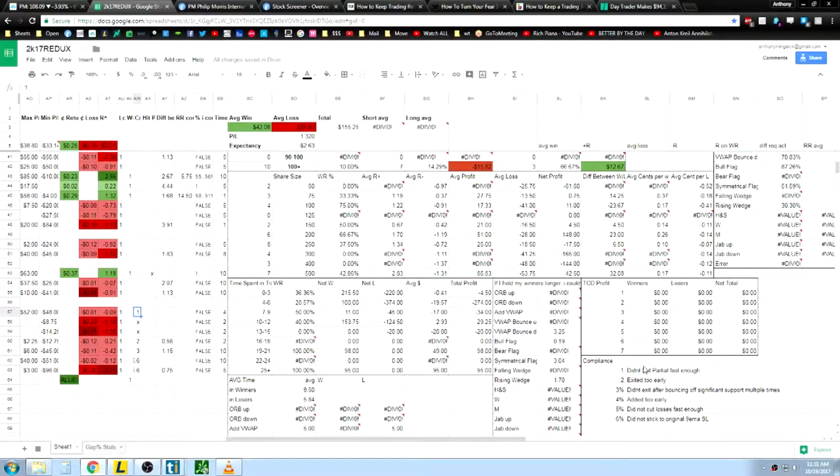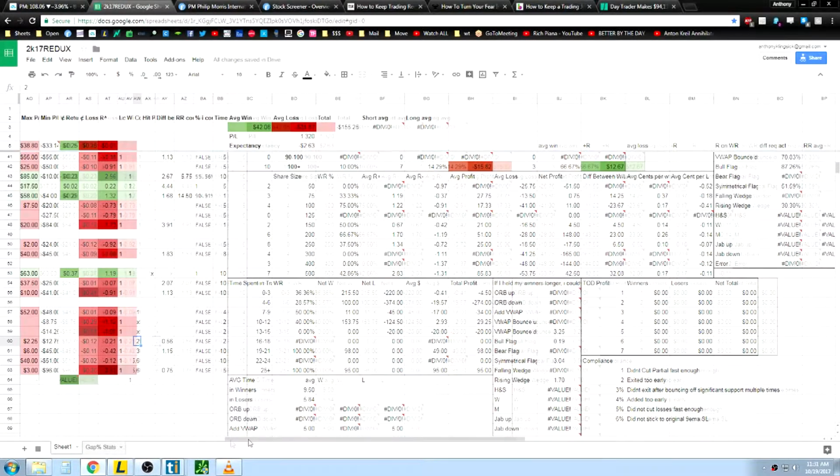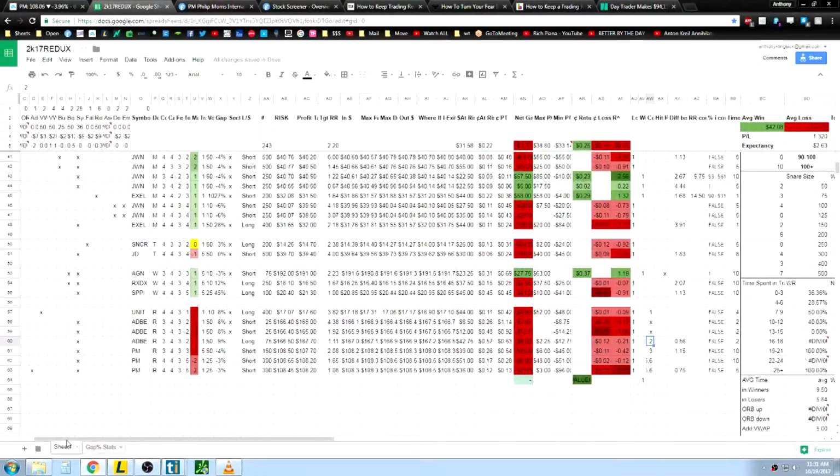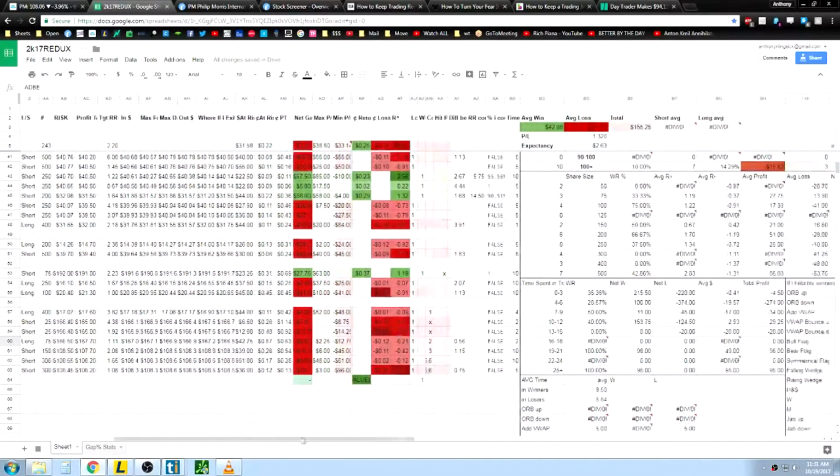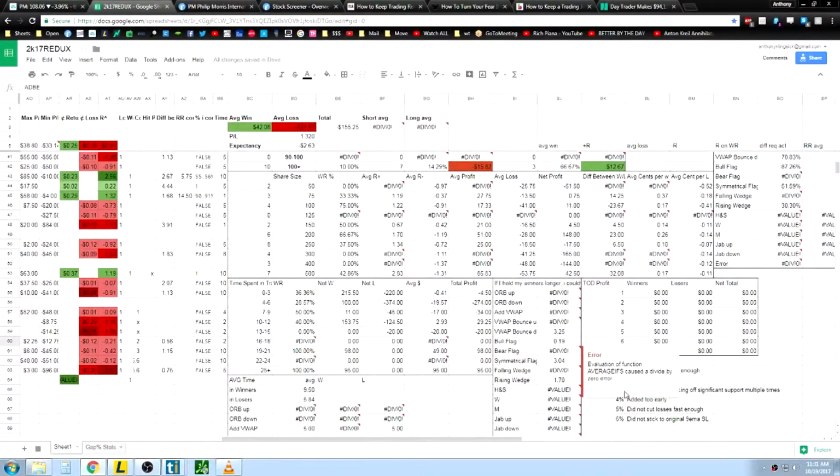So the 1 was I didn't cut my partial fast enough, so I took my partial, but then the rest of the half, I let it sit around a little bit too long. The 2 was that I exited too early. So on the second Adobe trade that I took, yeah, I exited too early. I didn't give it a chance at all to do anything really. And it ended up costing me. Stupid.